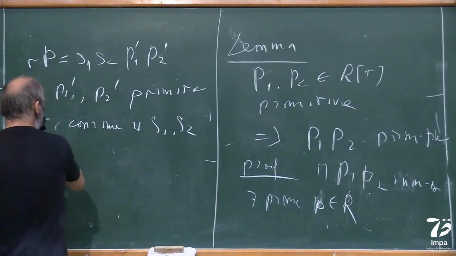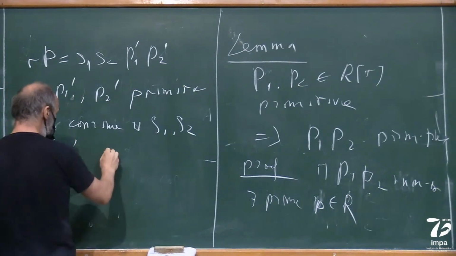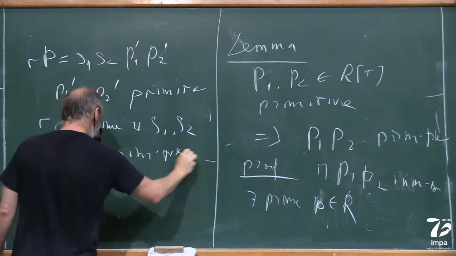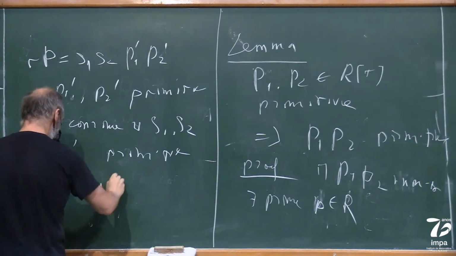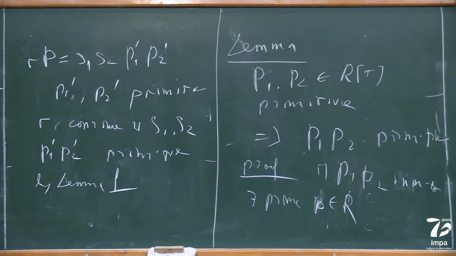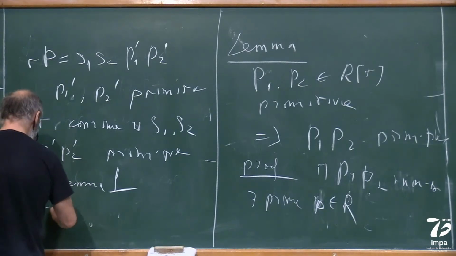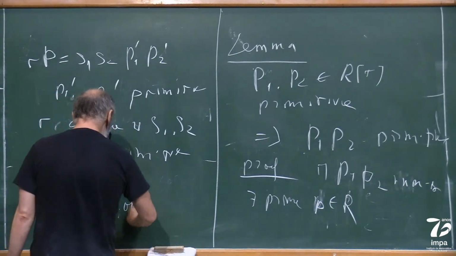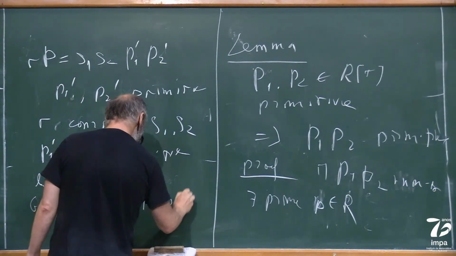Okay, then the product P1' P2' is primitive by lemma 1. And this means that the greatest common divisor of the coefficients of P1' P2' is 1.